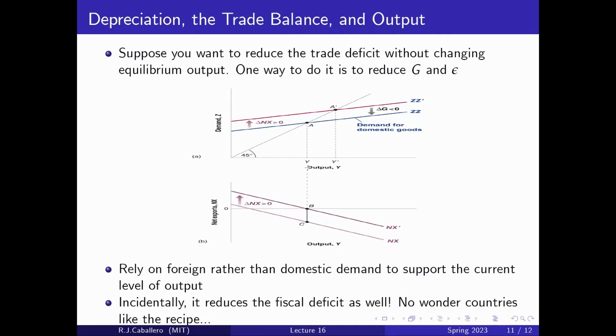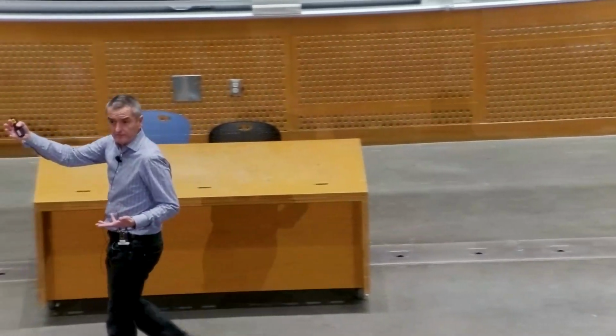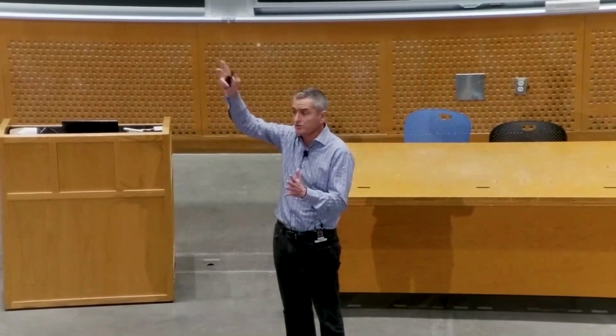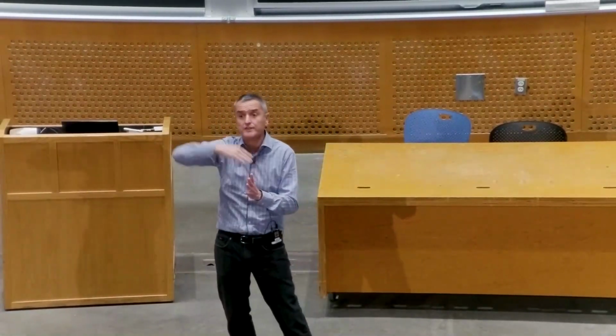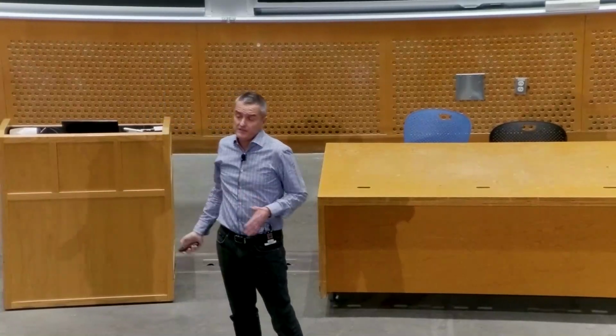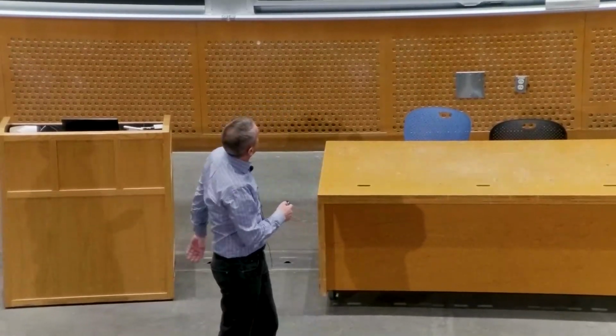Now, the problem is that if you do that, that's also going to be expansionary, because now you had a certain equilibrium level of output, and now there's going to be expenditure switching all around the world towards your goods, so you're going to end up producing more. And suppose that you didn't want that extra production. You just wanted to fix your trade balance, then you have to offset that, and that's what I've done here.